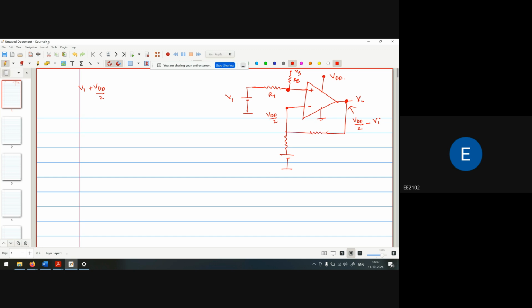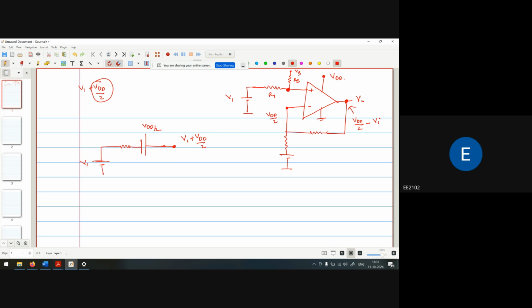So basically, to provide the extra voltage VDD by 2, one way is that I put one battery here, along with the resistor. This voltage is V1, this voltage is VDD by 2. So we are getting the voltage here as V1 plus VDD by 2. This is one case.